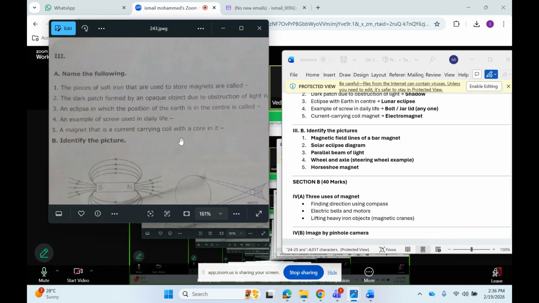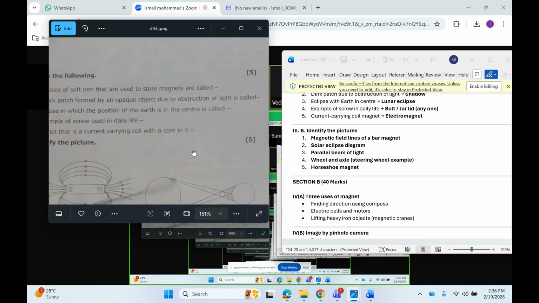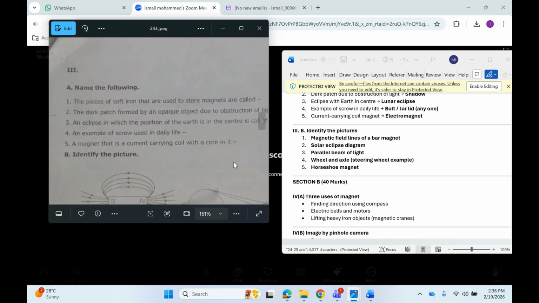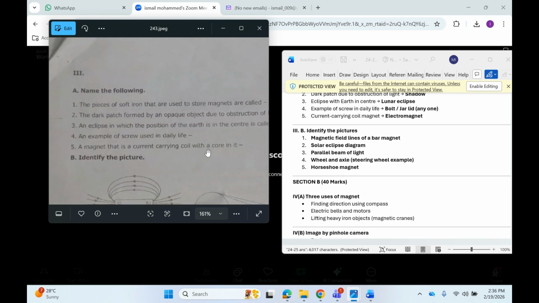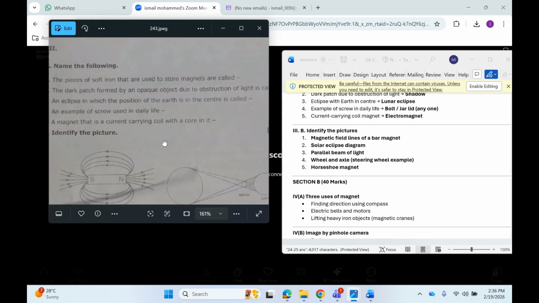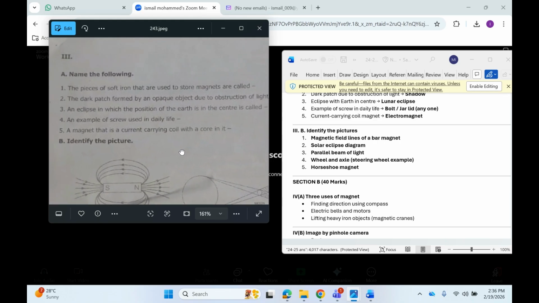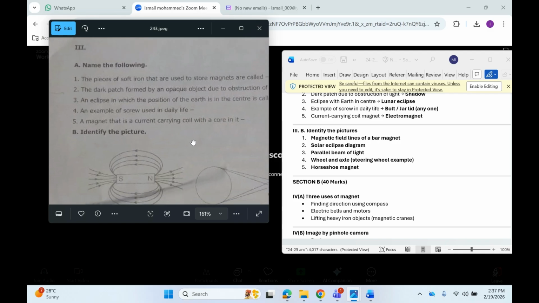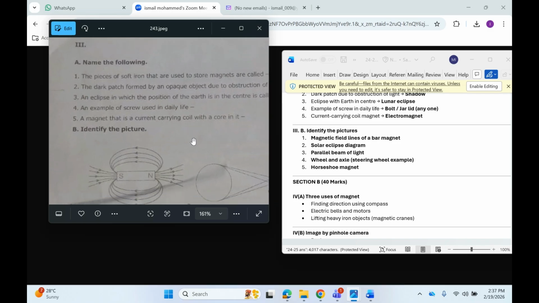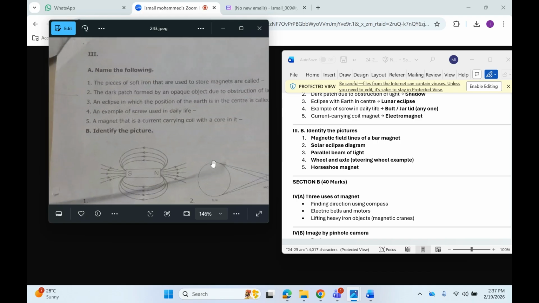The dark patch formed by an opaque object due to obstruction of light is called shadow. An eclipse in which the Earth is in the center is called a lunar eclipse. An example of a screw in daily life is a bolt or jar lid. You can give any one. A current carrying coil with a core in it is an electromagnet, right?